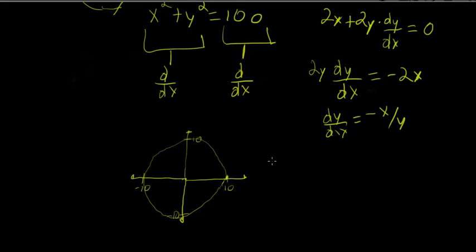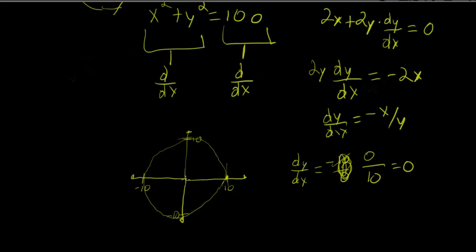Let's check 10, 0. The slope at 10, 0: dy dx is negative 10 over 0, which is infinity, right? And that seems to be correct. Now what about at 0, 10? Slope should be 0, right? So slope is negative x over y, negative 0 is 0, over 10, and that's 0.